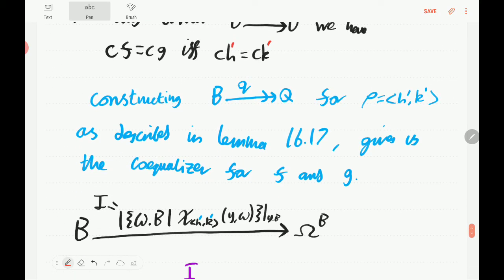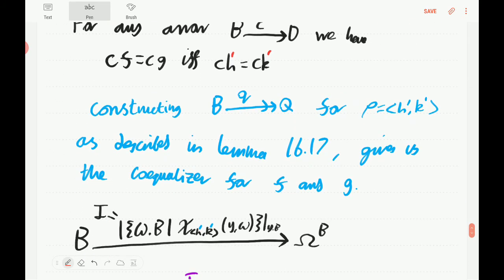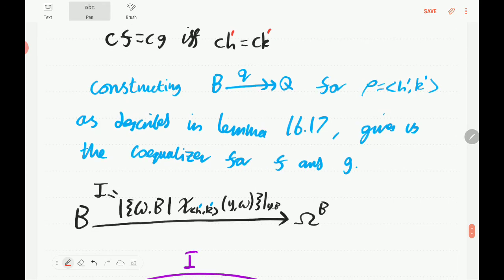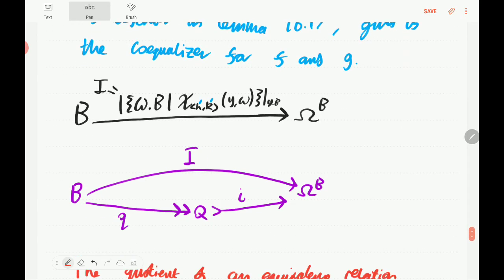And since this is an equivalence relation, again, we can construct a Q from B to capital Q for this rho here, basically the same way as we did in lemma 16.17, and this gives us the co-equalizer for f and g.